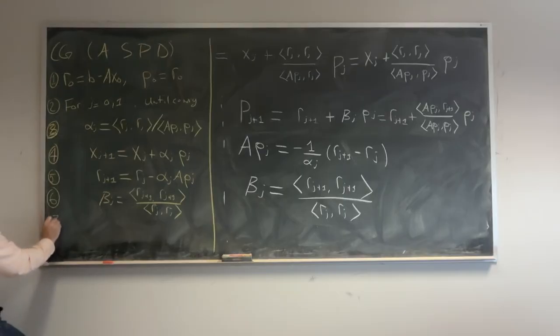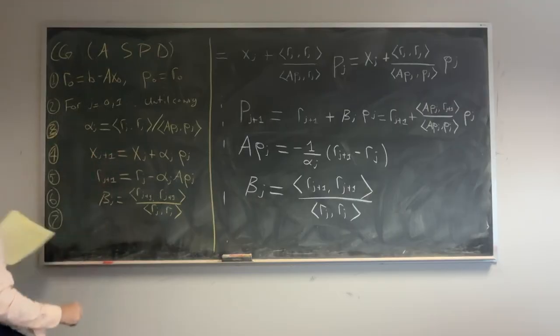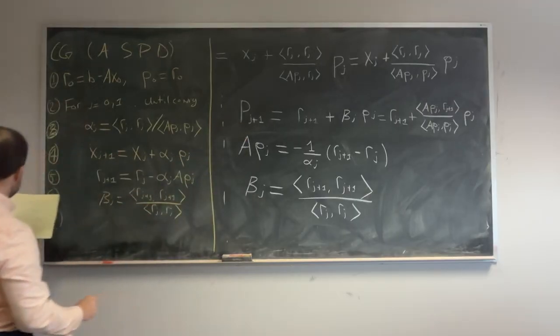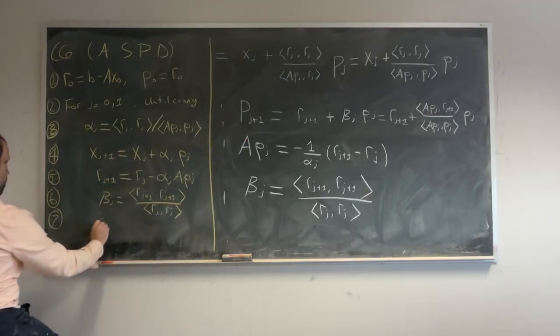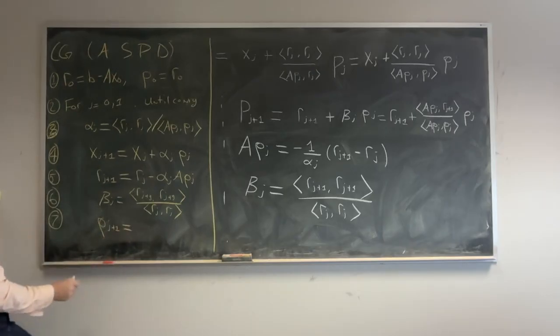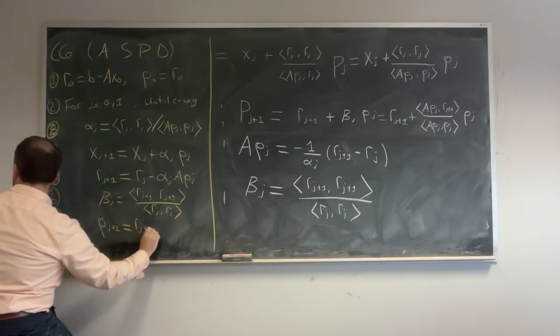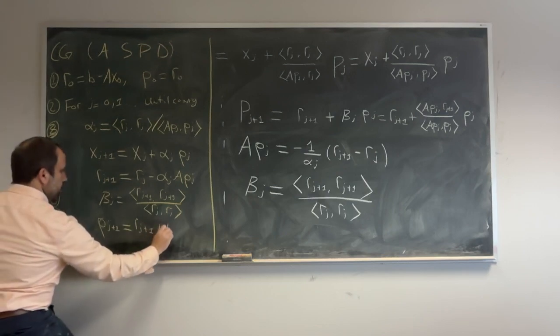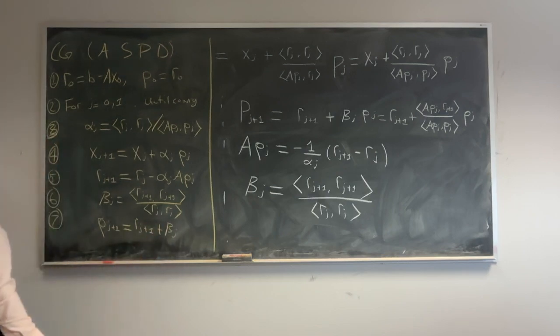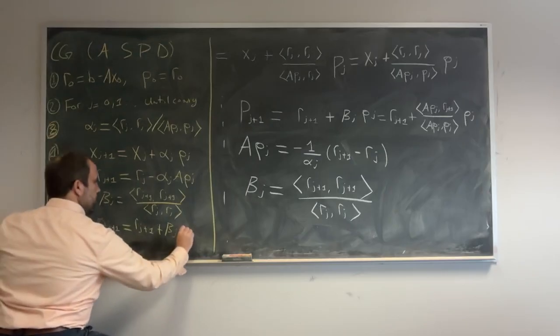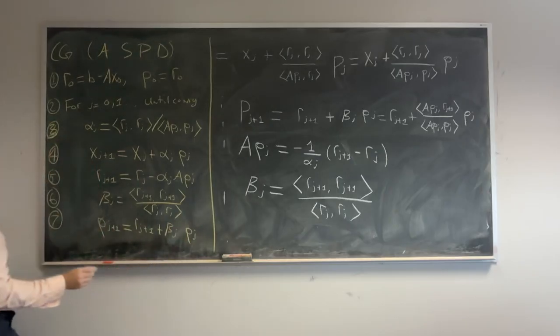And then finally, we can now update our P_{j+1} based on this formula right here. So P_{j+1} is going to be equal to R_{j+1} plus beta_j P_j, like this. Then 8 is we're done.